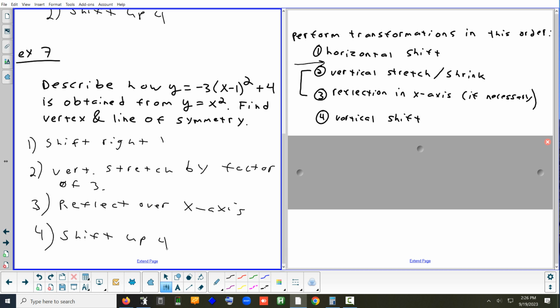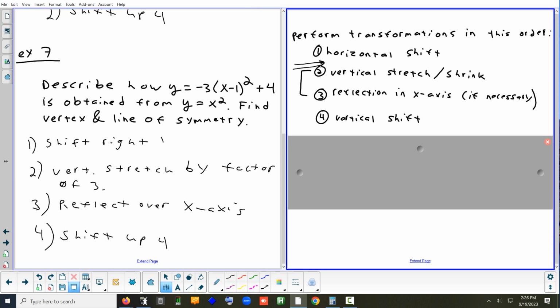It just depends. Where would be the horizontal reflection if it was in our little 1, 2, 3, 4 step? The horizontal reflection would be in between 1 and 2. You'd do the horizontal shift, then the horizontal stretch, then the horizontal reflection, if you wanted to see what they all are.